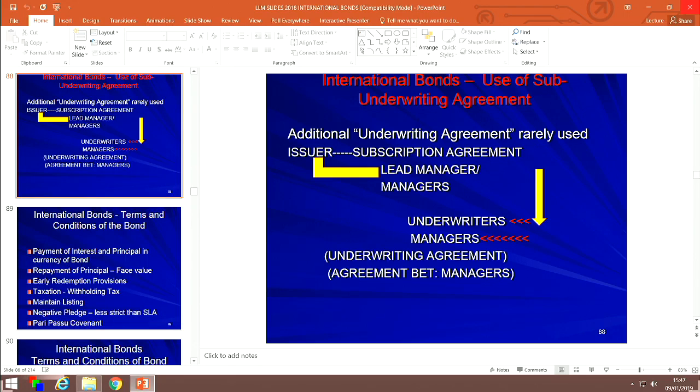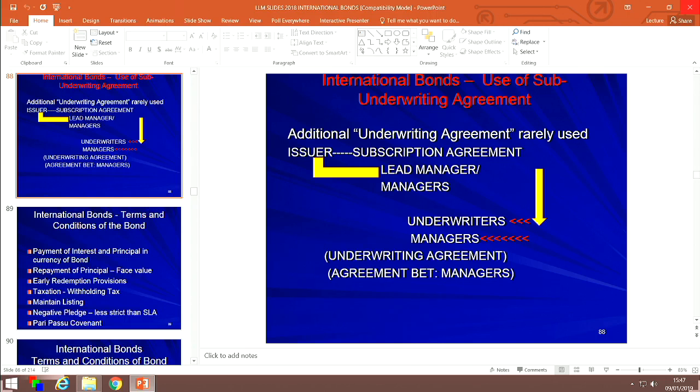Now, in practice, if this happens, the lead manager will go immediately to that group and ask them to take up and pay for 30% of the unsold bonds. So if 20% of bonds are unsold, 30% of that 20% will be required by the lead manager to be taken up and paid for by this sub-underwriting group.